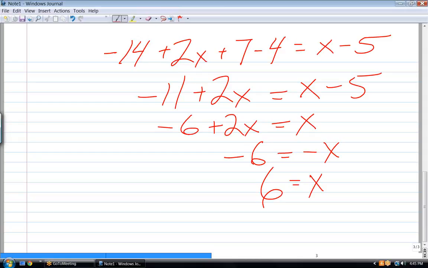Yeah. All right. Notice that when you did this problem, you ended up with a negative in front of the x at this step right here. Usually, I'm a lot more comfortable solving equations when I try to leave stuff positive if I can.